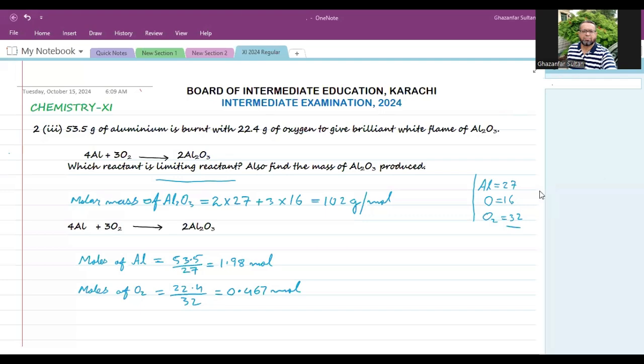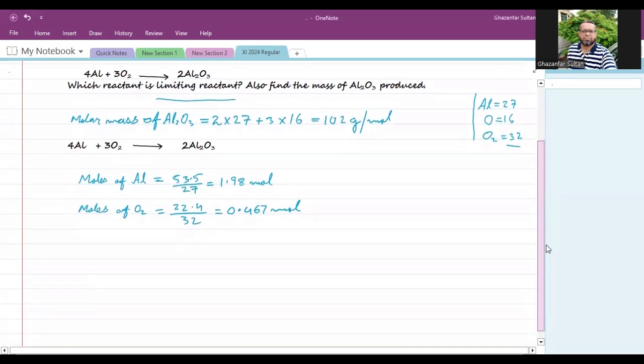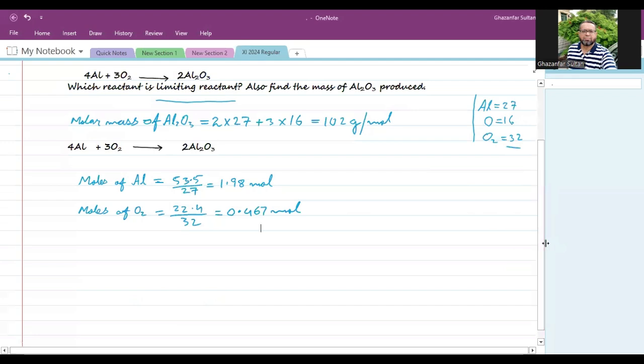Okay, so now we will see how much aluminum is required and how much oxygen is required. We can start either way. We can start with aluminum to calculate the required amount of oxygen, or we can start with oxygen to calculate the amount of aluminum. Here I'm doing both of these, but in the exam you are to do only one of them.